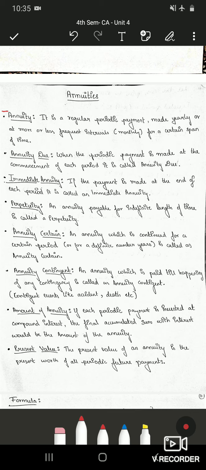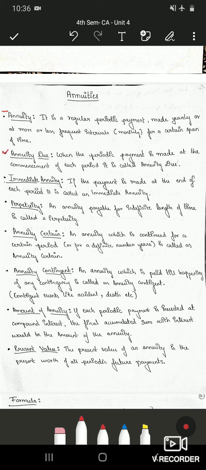Suppose I am going to make an RD for 1 year at 5.25% compound interest, and every month a certain amount is deducted. Say for example, every month from my bank account 1000 rupees is deducted for the RD. So there is a periodic payment made every month for 1 year, and that is called an annuity.